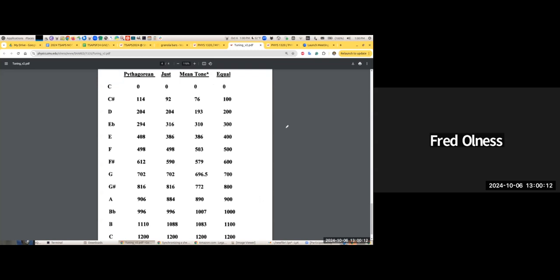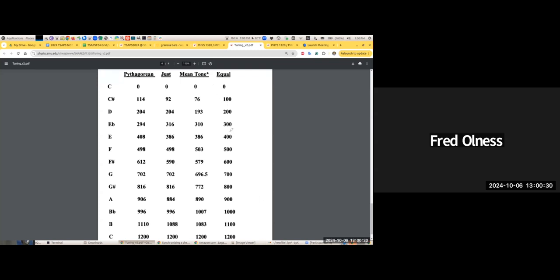Now, of course, for orchestras, we'll get to that when we go to the strings. There's a reason the orchestras favor certain keys, and the reason wind instruments and bands, which have a lot of B flat instruments, favor other keys. But we'll get to that later.